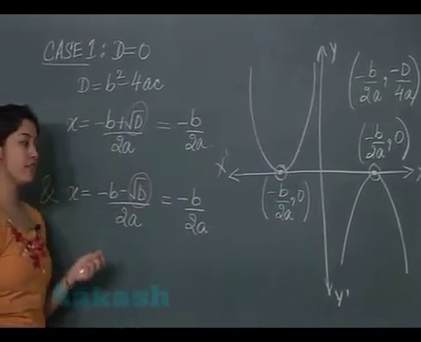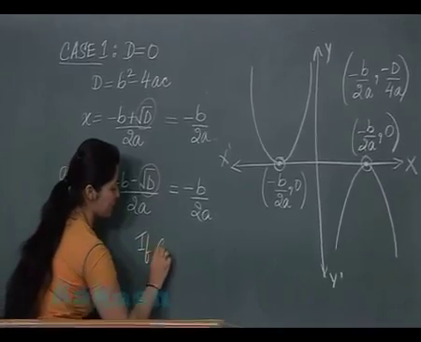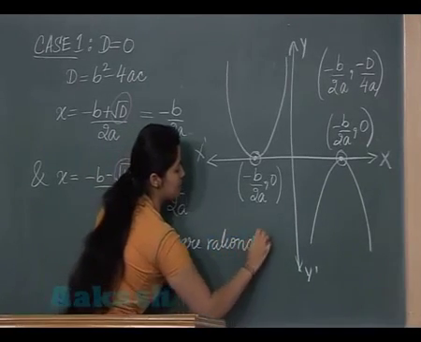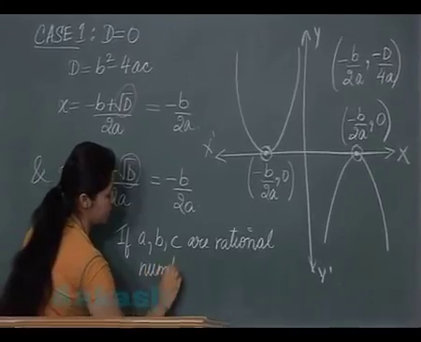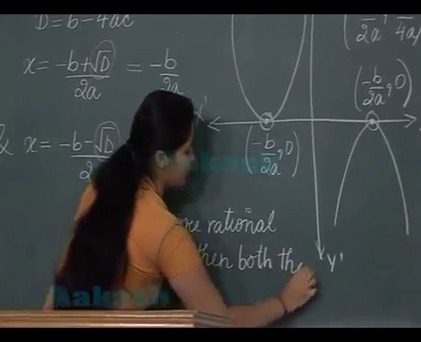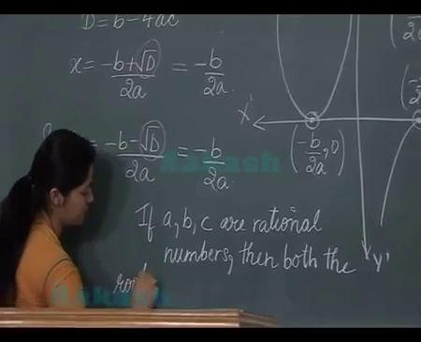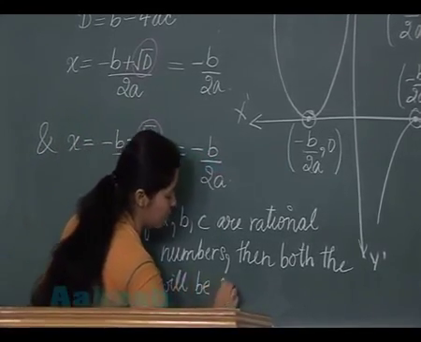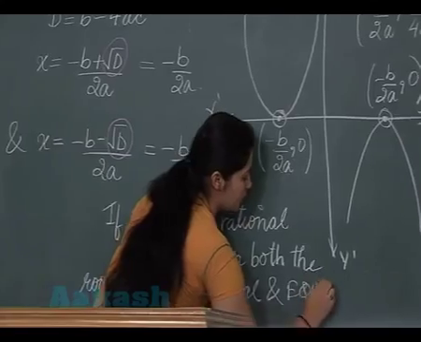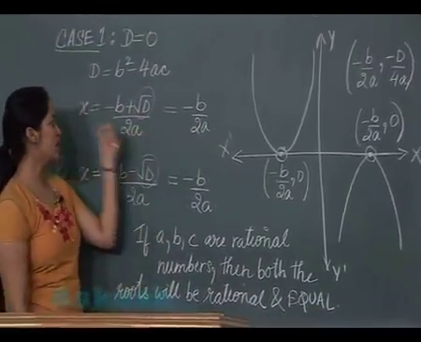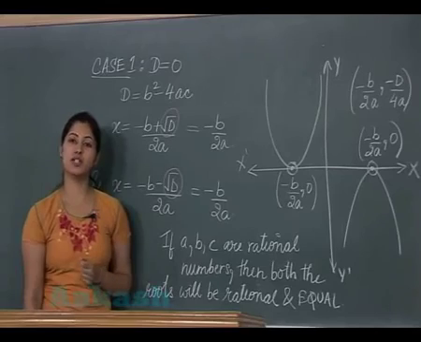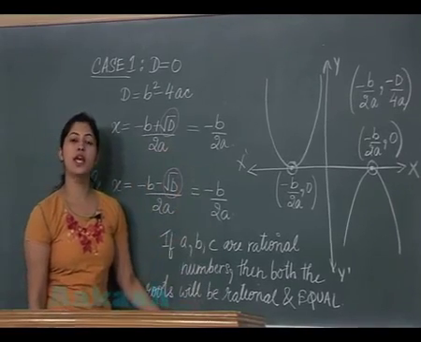Now students, if a, b and c are rational numbers, then both the roots will be rational and equal, because we can see that both the roots become minus b upon 2a whenever the discriminant D is equal to 0. So students, I hope this case 1 is very clear to you.